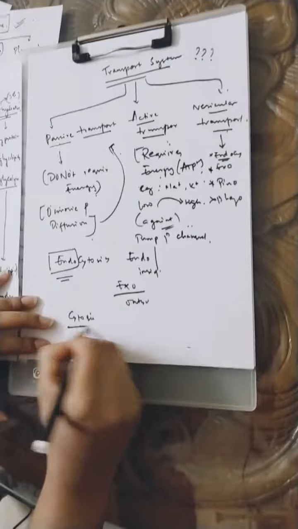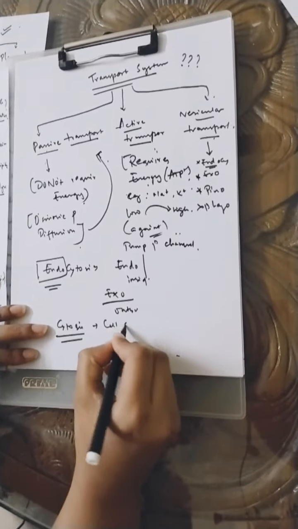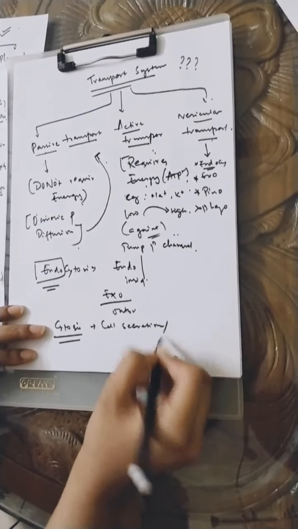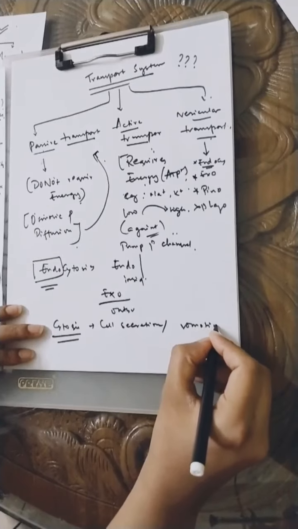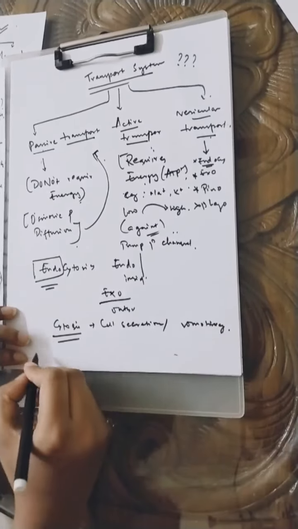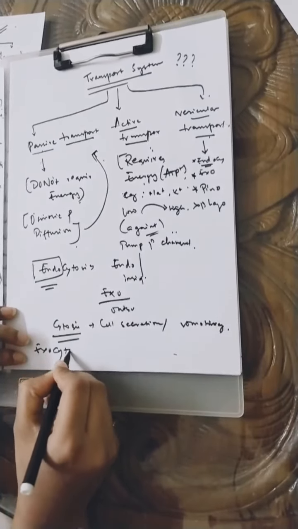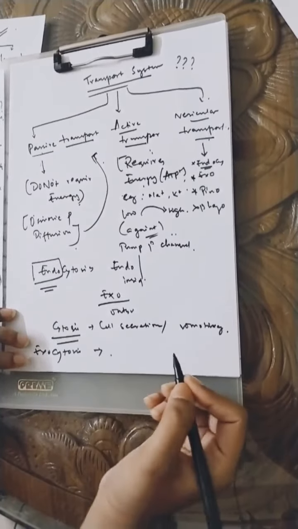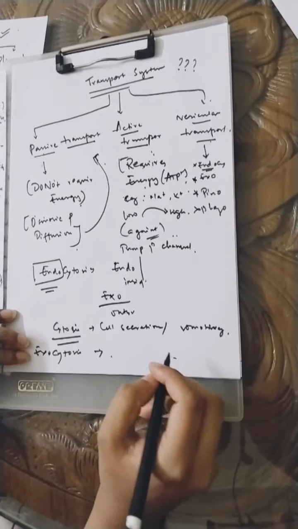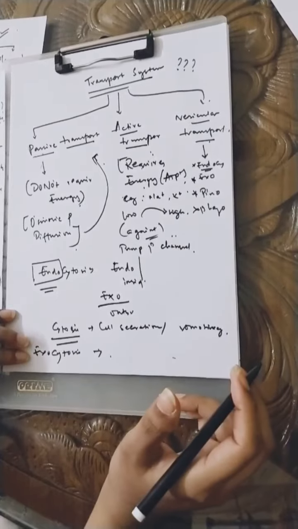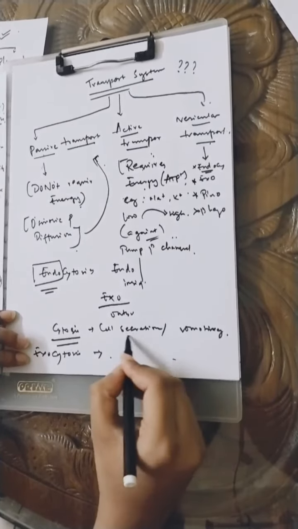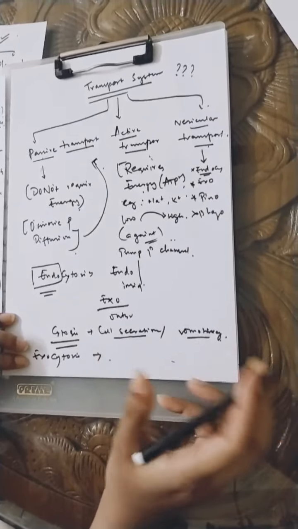Cytosis means cell secretion or vomiting. Exocytosis means the unwanted substances are removed to the outer surface of the cell membrane by cell secretion or vomiting of certain unwanted substances.